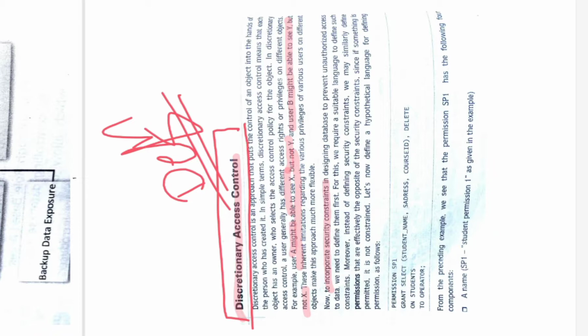Instead of the integrity or security constraints, I am going to create the permissions. I am going to create the permissions which will allow something, so it is different from the integrity constraints. Integrity constraint means what?